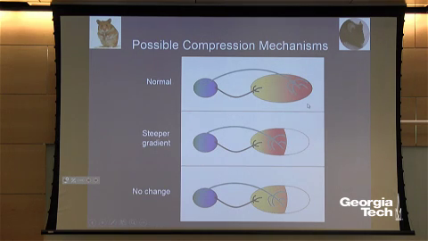We'd go from yellow to pink, but not all the way to red. If the gradient compresses, which was our hypothesis, because we're thinking the compression of this gradient would cause the projection from the retina to compress on the smaller fragment, then we would see the slope of the gradient get steeper. So it would go all the way from yellow to red, but in a smaller distance.